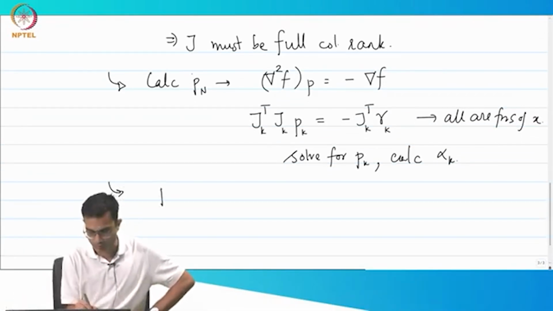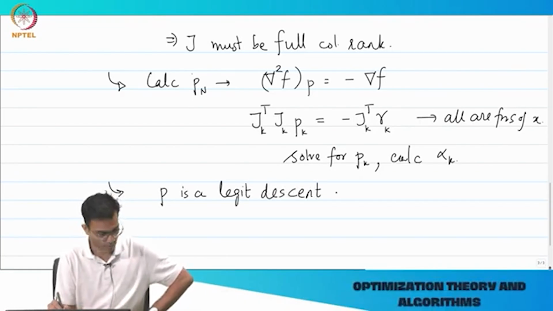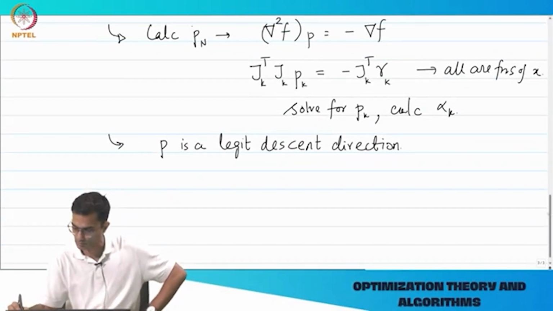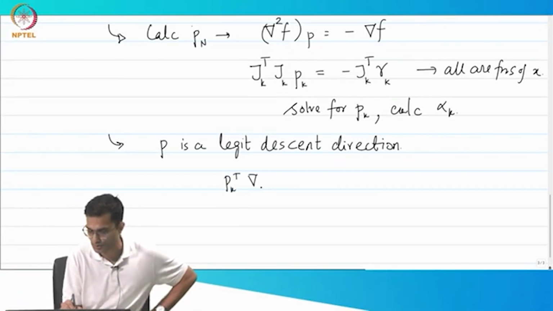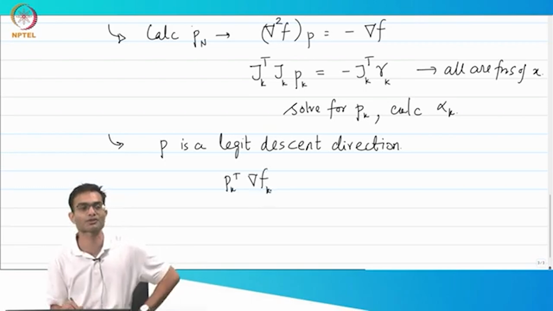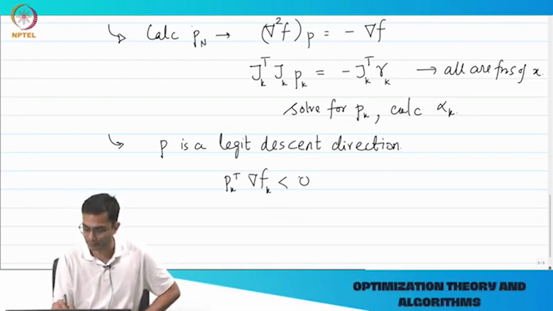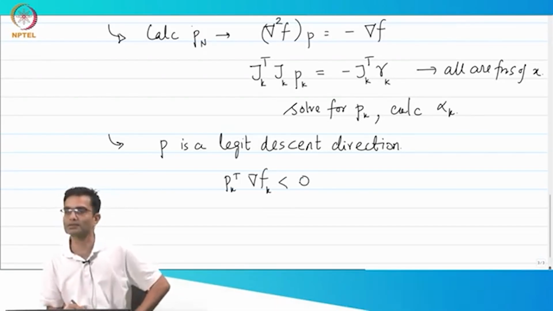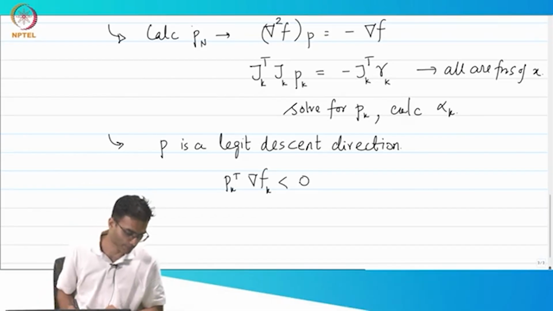If p is legitimate, that means pk transpose grad fk, this expression should be what? Positive, negative, 0? Negative, right? It should be less than 0. Then it is a descent direction because I am going in the opposite direction to grad f.